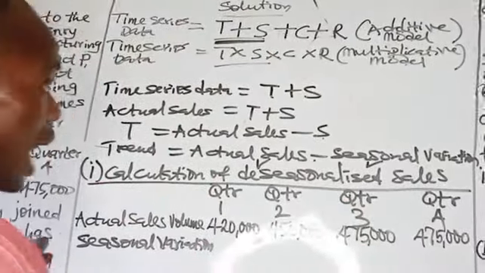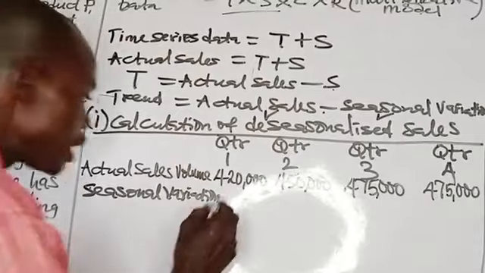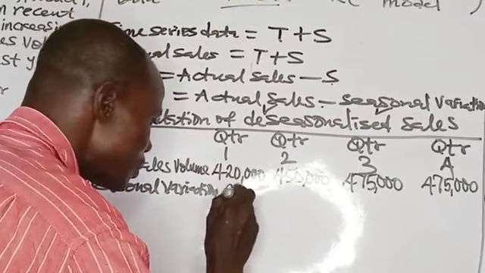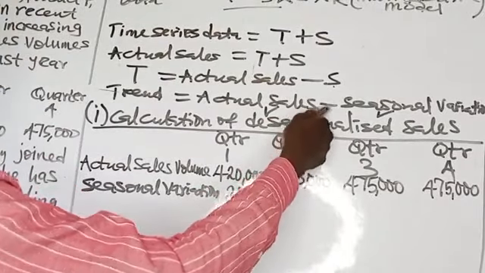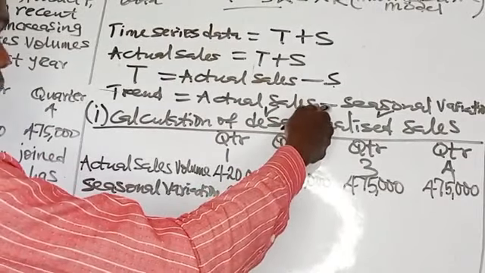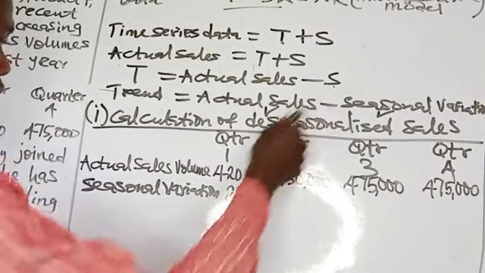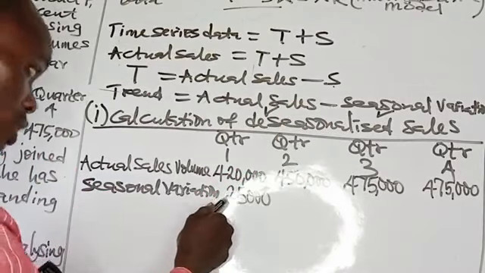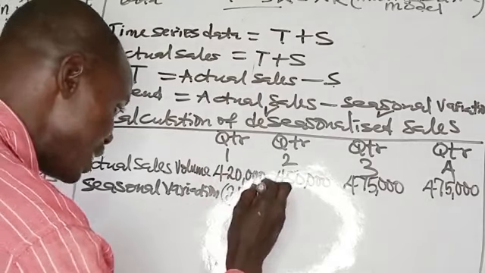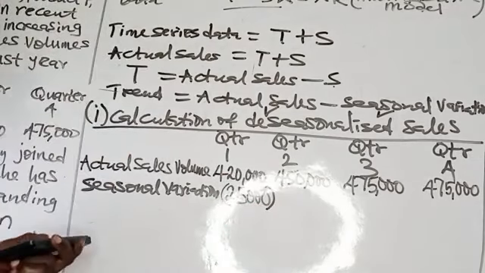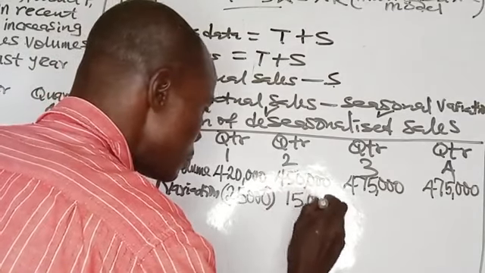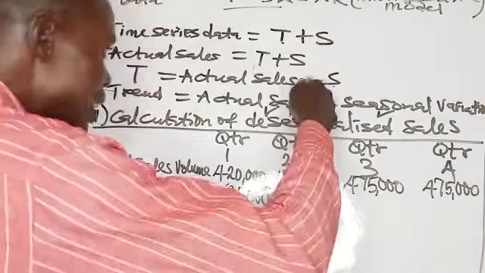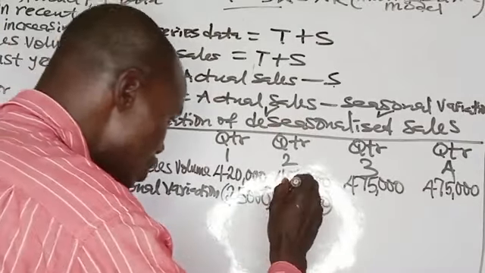Now, let's adjust for seasonal variation. This is plus 25,000. Remember, this is a minus sign, so if minus times plus, it will be minus. That means you are going to subtract this. The second one is plus 15,000. Minus times the plus you have there will be minus.